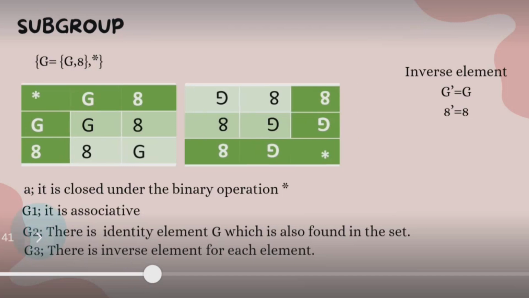Next is G sub 8 is equal to the binary operation of G8. So this is closed under the same binary operation of G sub 8 because it has an identity element as well as the inverse. And of course, it is associative.